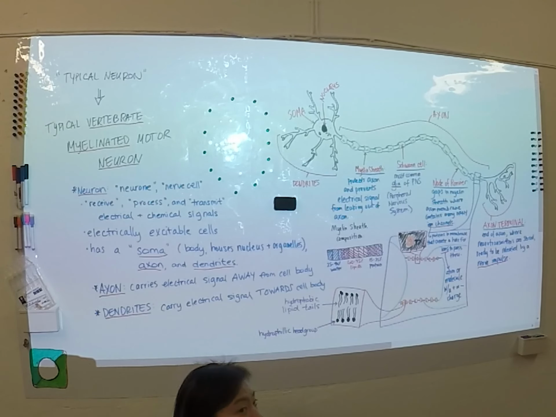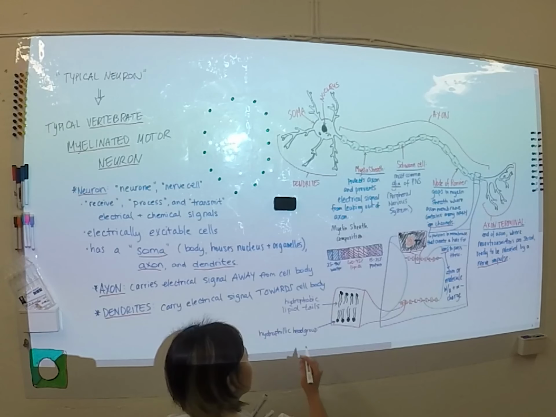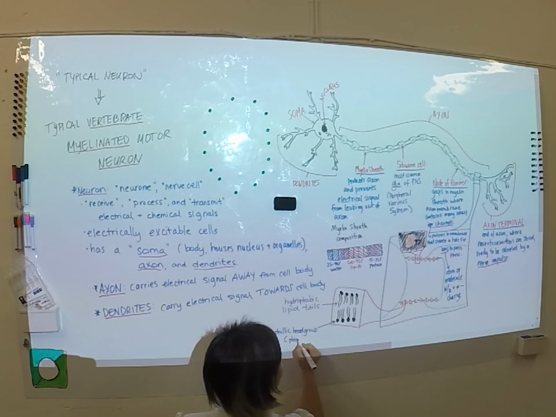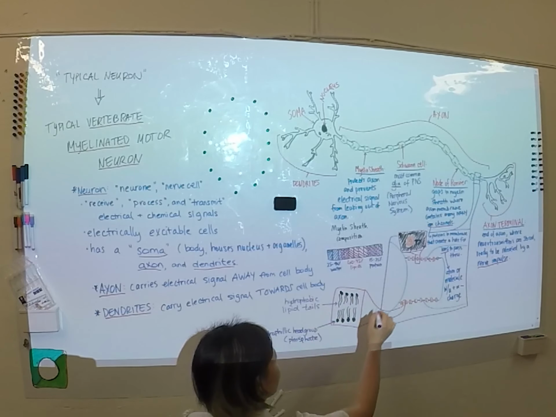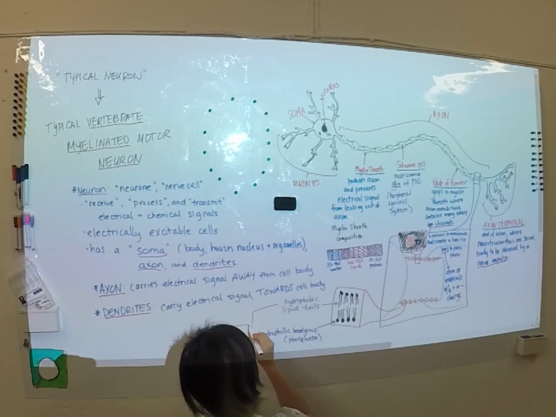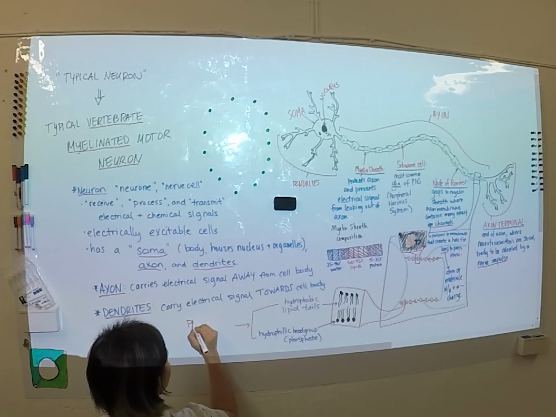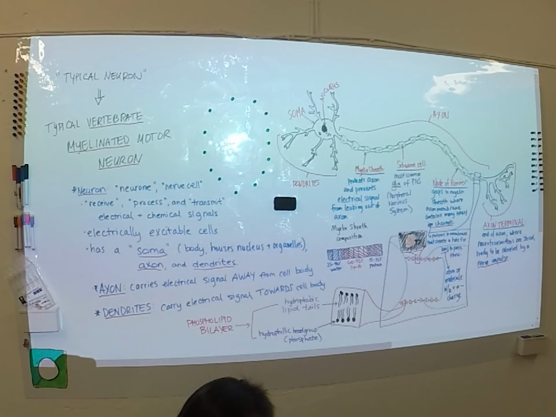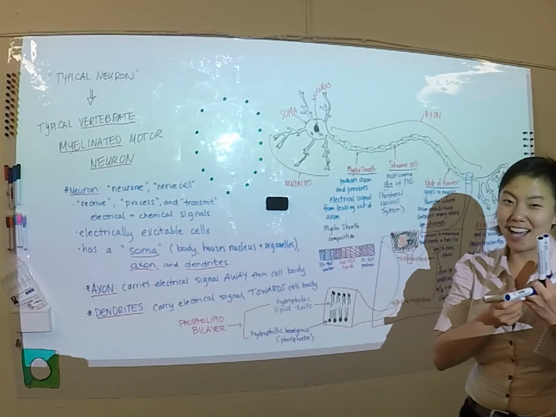In most animal cells, this hydrophilic head group, head group is the very generic term, but in animals it's usually a phosphate. Which is why this whole thing is called the phospholipid bilayer. And you've probably heard that term in a biology class at some point.